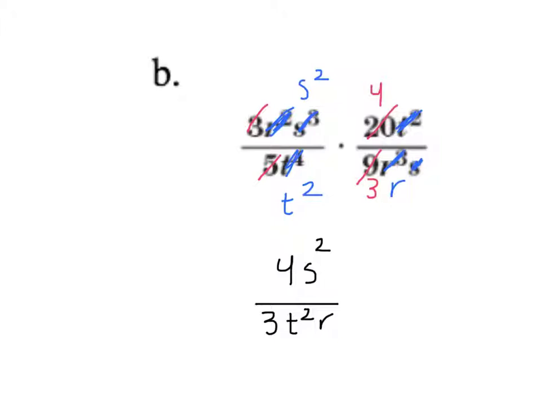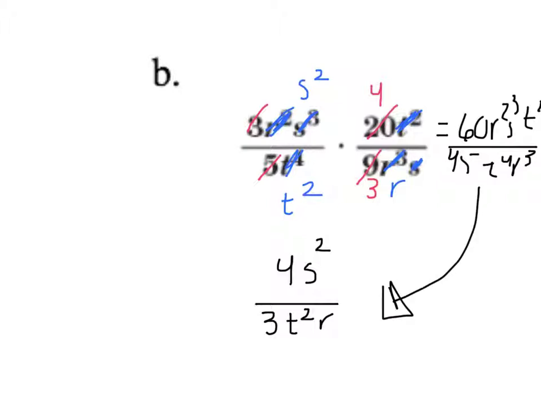We also could have multiplied everything out and gotten 60R squared S cubed T squared over 45T to the 4th R cubed S. Written it out the long way like I did part A and simplified, and you would still get the same answer as that. Yay!